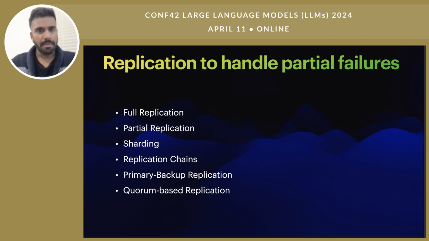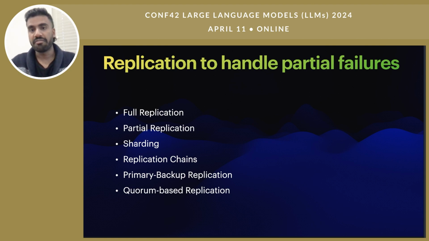Next is primary backup replication. One node serves as the primary replica, responsible for processing client requests and updating data. Changes made to the primary replica are asynchronously replicated to one or more backup replicas. Asynchronous replication is very important. You don't want to block other transactions while replication is happening.